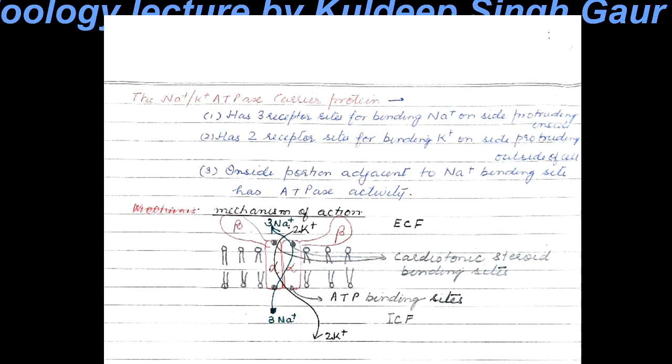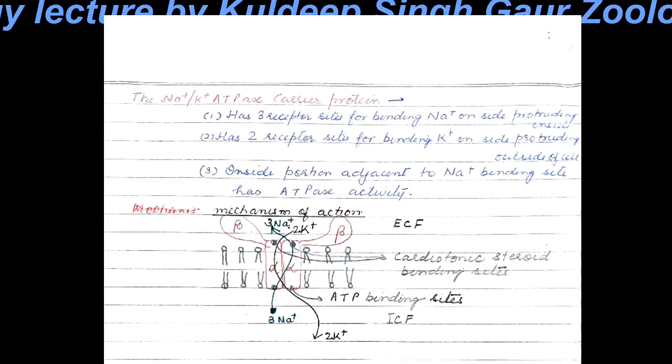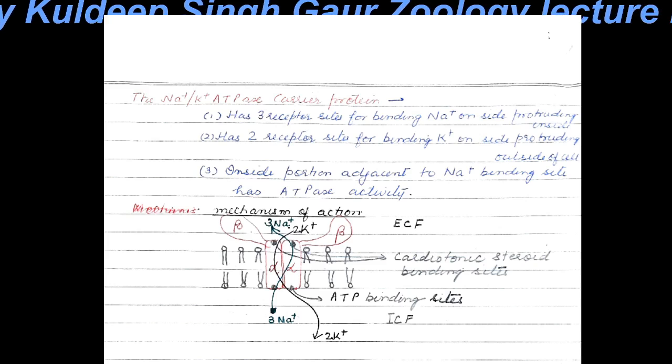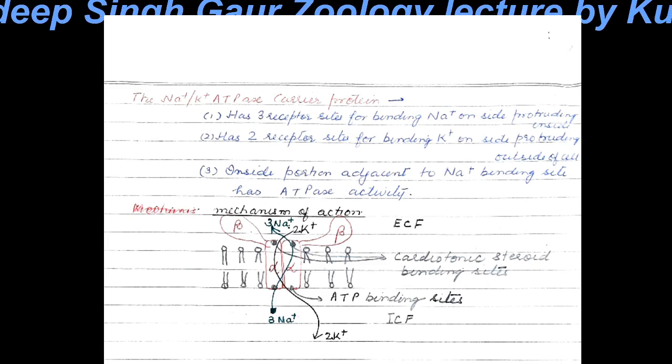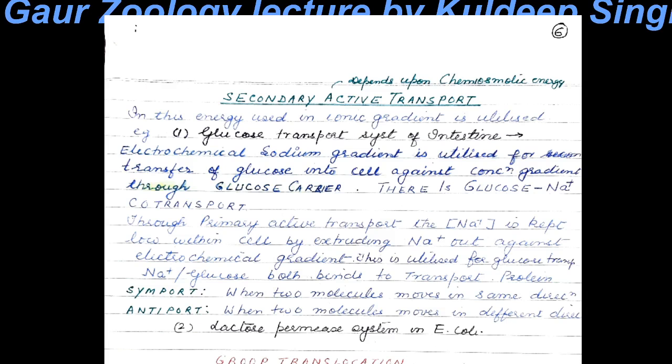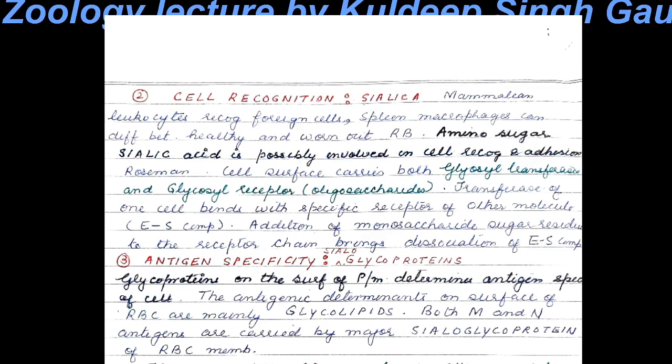So this was the mechanism, that 3 sodiums are thrown outside from the ICF and 2 potassiums are thrown in by the action of the sodium potassium ATPase carrier protein.